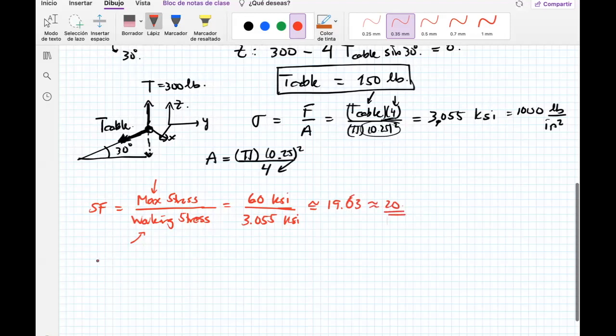Most of the times you have safety factors ranging, I don't know, from let's say 1.5 to 5 or something. The bigger the safety factor, the better. And there are industries that need a really big safety factor, for example in aeronautics, in airplanes, aircraft design, and that type of thing.